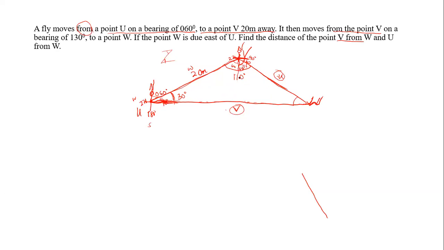This is 30. 30 plus 110 is what? 140. So it means the remaining 40 is here. You see, you don't need to go and say 30 plus 110 plus x is equals to 180, and then by normal thing you can solve it like this. So we can go ahead now.